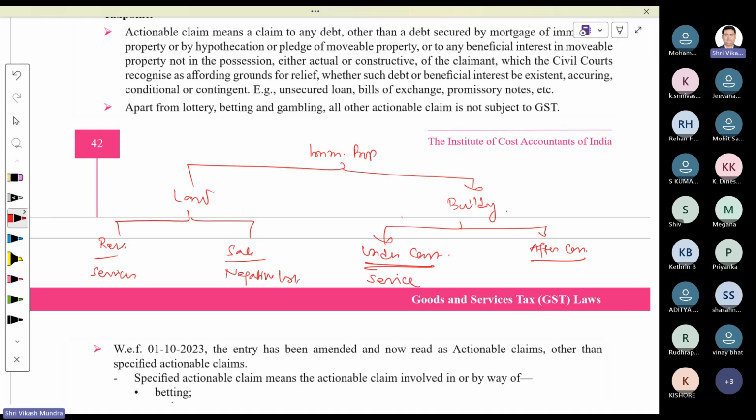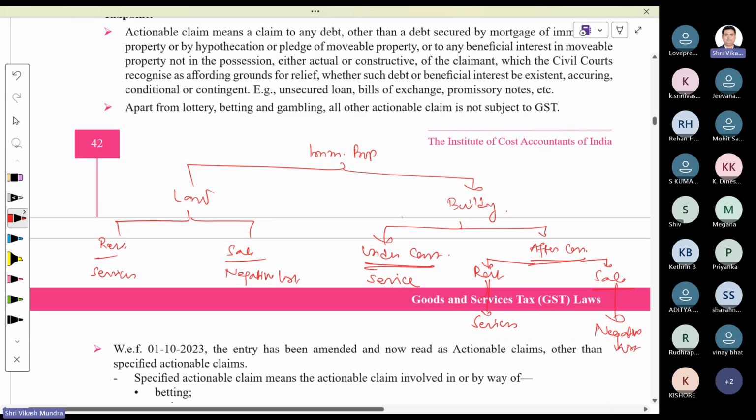And after construction, that means when construction has ended and after that I am selling it, then there are two uses. Giving on rent may be considered a supply of services. And in case I am selling this after construction, it is covered in the negative list.